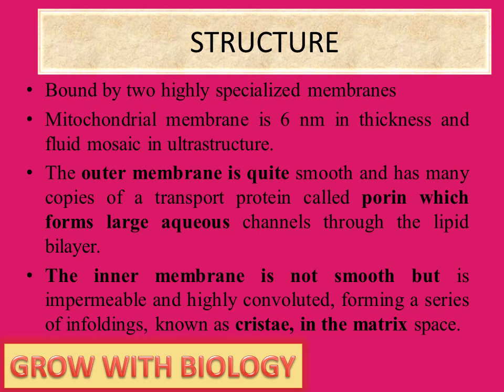When we look at the structure, it is bound by two specialized membranes. The membrane is 6 nanometer in thickness. The outer membrane is smooth and it has some transport proteins which are known as porins, whereas the inner membrane is not smooth. It has some enfoldings which are known as cristae.